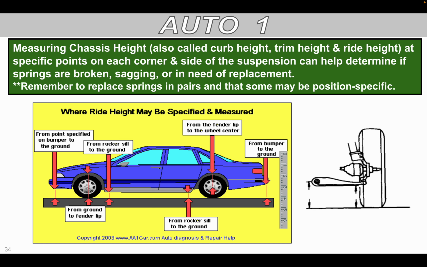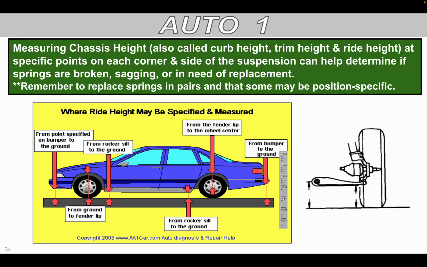It says on the screen that we want to remember to replace springs in pairs, and that some may be position specific, specifically with the torsion bars. But this is going to be true for pretty much all suspension components. If I'm replacing a bushing, a ball joint, or whatever component on the suspension system on the driver's side, it is best practice to also replace the same part on the passenger side.